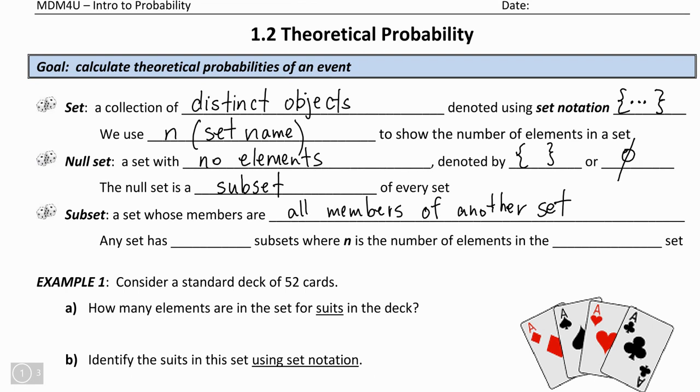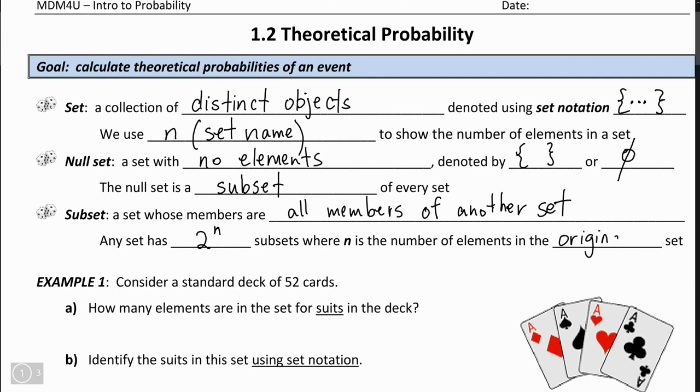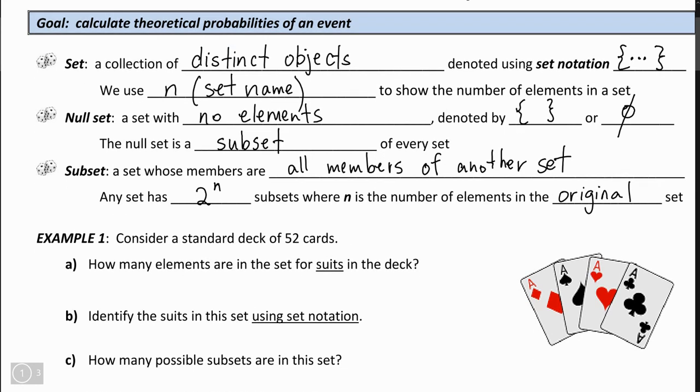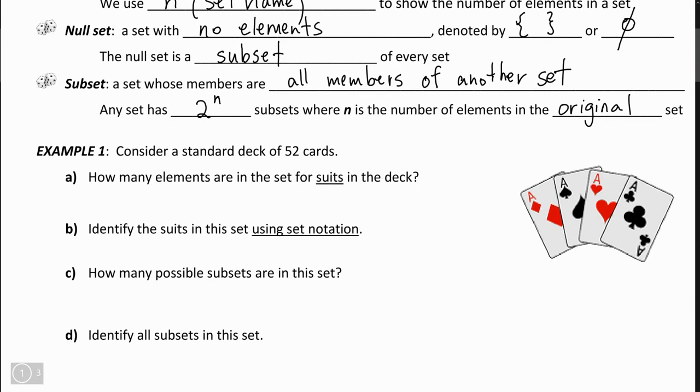The grade 12s would be a subset of my bigger set, which is the classroom, and the grade 11s would be another subset of the bigger classroom set. Any set has 2 to the power of n subsets, where n is the number of elements in the original set. I'll illustrate this in the next example. Okay, so let's look at this example.